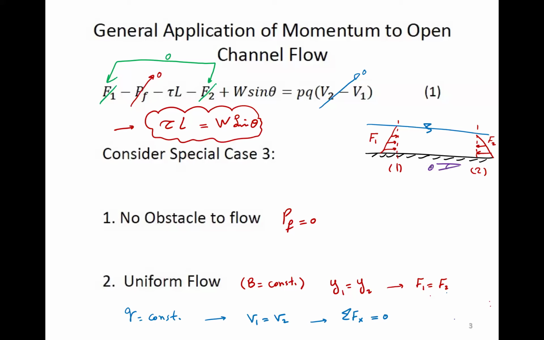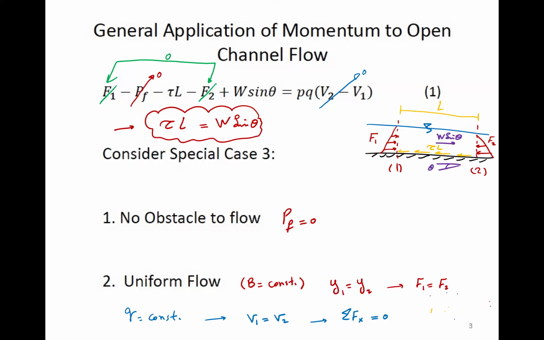That's theta. Okay, so we have weight in this direction, W sine theta, and then we have the friction force, which is distributed along the bed. So let's show it like this. That would be tau times L gives us the total force, and L is this distance.